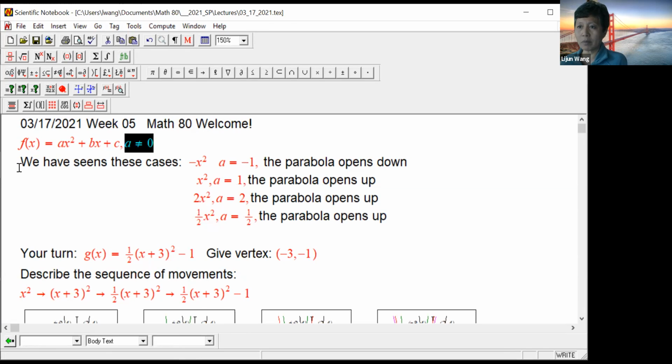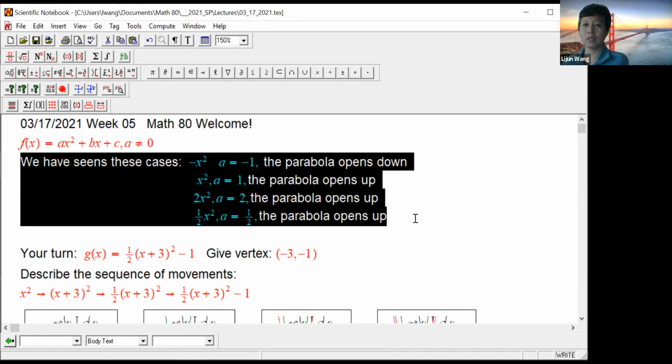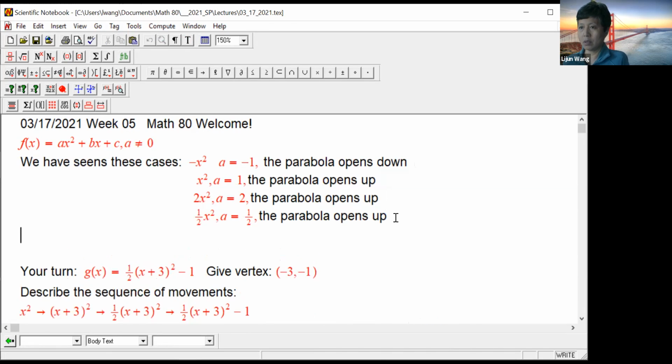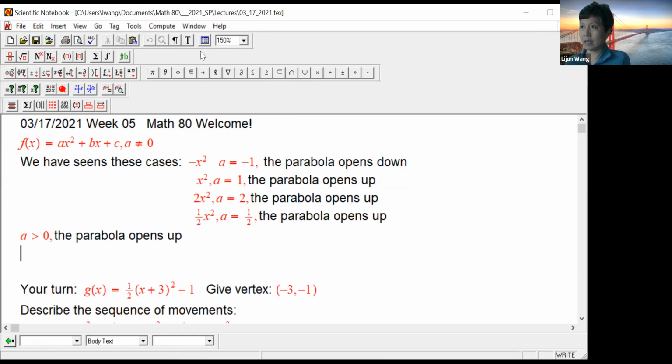From these examples we did, we can safely say that if a is larger than zero, the parabola opens up. If a is less than zero, the parabola is not opening up, it opens down. Does everybody follow me?